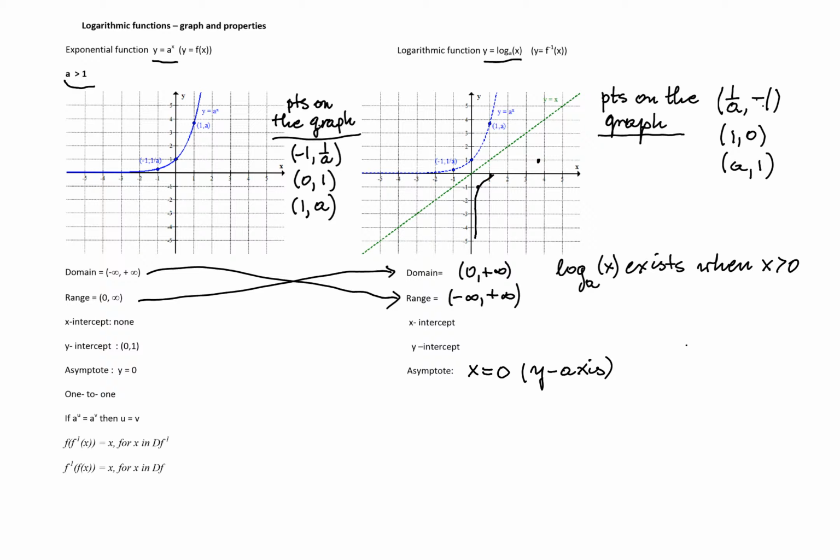The symmetric graph will have the following shape. This is the logarithm to the base a of x. Notice the asymptotic behavior. Notice the symmetry. You can see that the function has the x-intercept, which is the point (1, 0). There is no y-intercept.